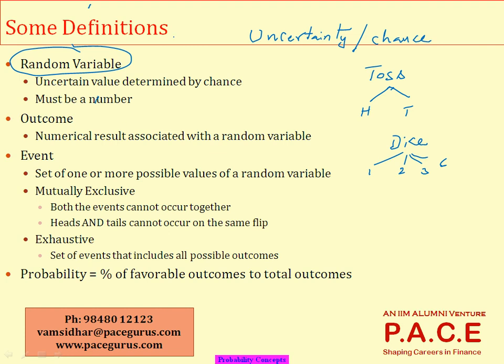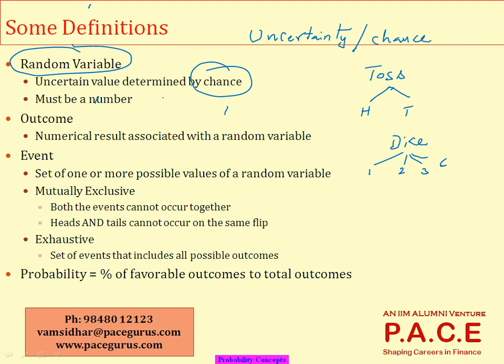Such a kind of variable whose output is determined by chance. There is some chance that 1 may come, there is some chance that a 2 may come, and there is some chance that a 6 may come. So if any particular variable does not have a definite outcome, whose outcome is random, where multiple outcomes are possible and there is a randomness associated to each of these outcomes, such kind of variables are called random variables.